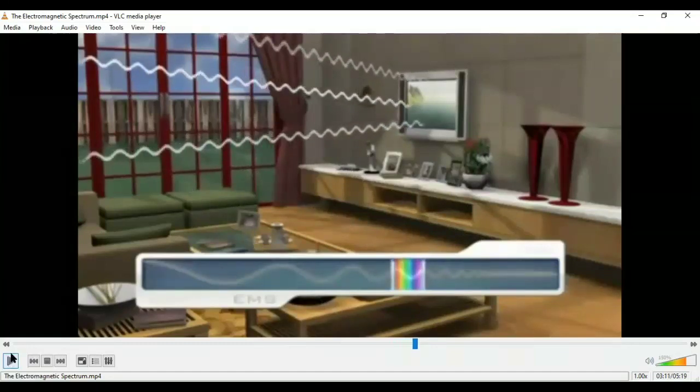So this is what he is trying to say: we have so many waves, then why are these waves not combining with each other? For example, if you are watching this lecture on your cell phone or on TV, why aren't you able to see UVR? Why aren't you able to see IRR? Or why are you not able to see gamma rays?